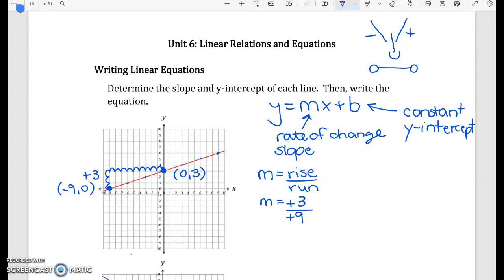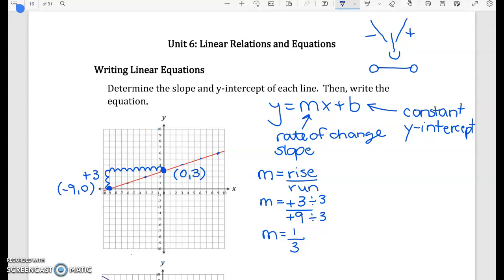Once I get to this point, I can ask myself, is there something I can do to clean this up? It's like a fraction, and I could simplify it by dividing my numerator by 3 and my denominator by 3. That ties in the fraction terminology that we learned earlier in the year. +3 divided by 3 leaves me with a 1, and +9 divided by 3 leaves me with a 3. We don't have to write the positive sign, but we know that my slope is going to be +1/3 overall.